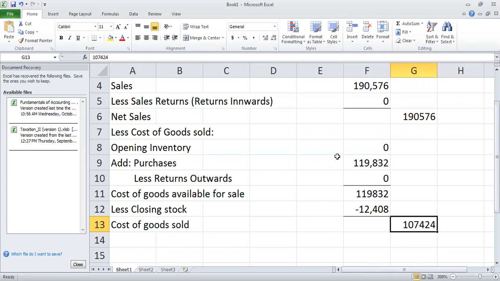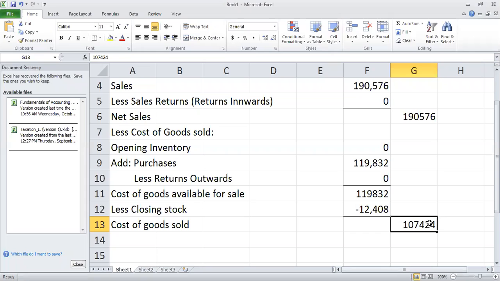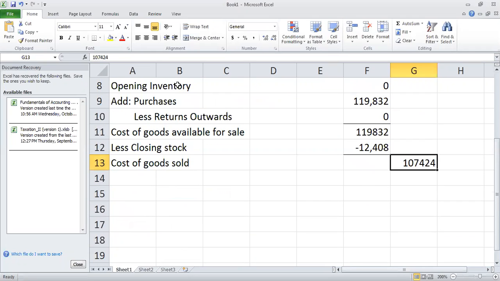So if you are asked in any exam to calculate the cost of goods sold, this is how you do it. All of this has to be done to get the cost of goods sold. You're going to draw a single line down here as well.